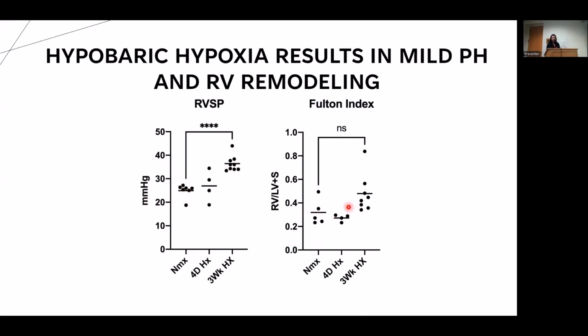And then there are some changes in the right ventricular mass, which we normalize to the total size of the heart by dividing by the left ventricular mass plus the septum. Some mice develop a lot of hypertrophy, some a mild degree. So again, this is our mild pulmonary hypertension experimental model, and it's easier to study because it's a mouse model and we can get genetic variants of mice and reporter mice.